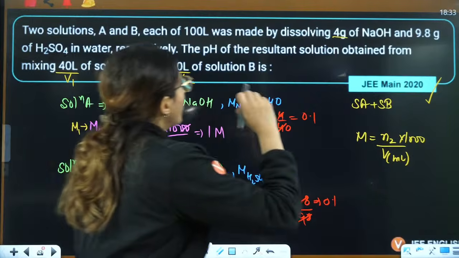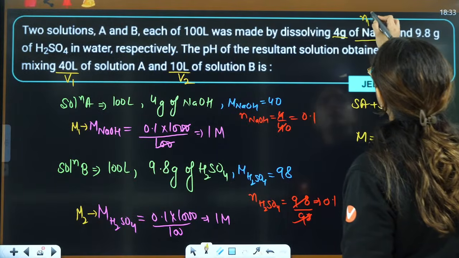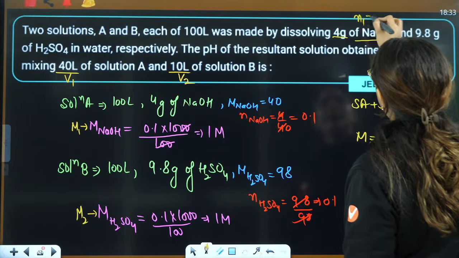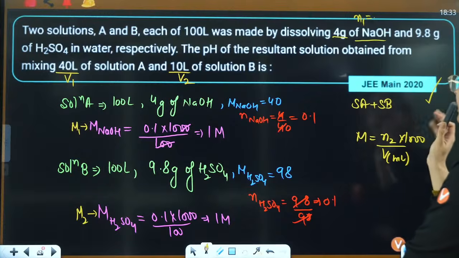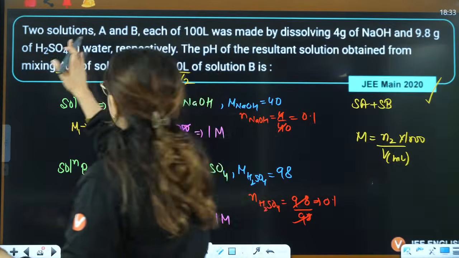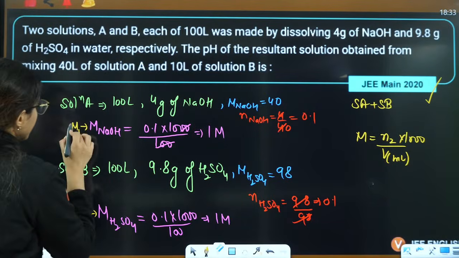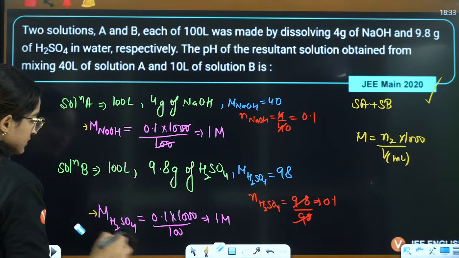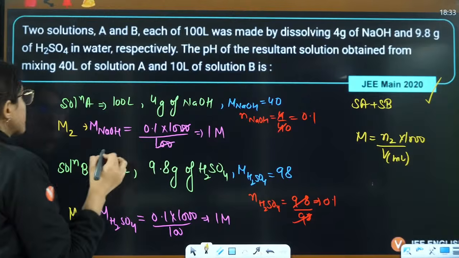What is the N factor of the base? I'll take the base as 2 and the acid as 1, because I have told you in the formula. This is an acid, so I'll take it as 1. This is a base, so I'll take it as 2.